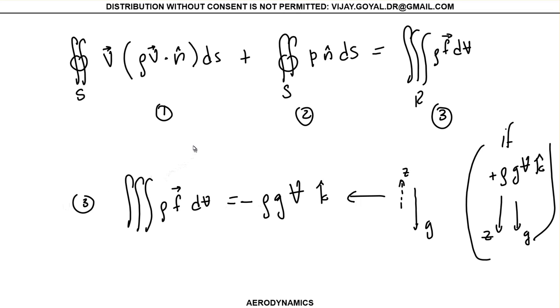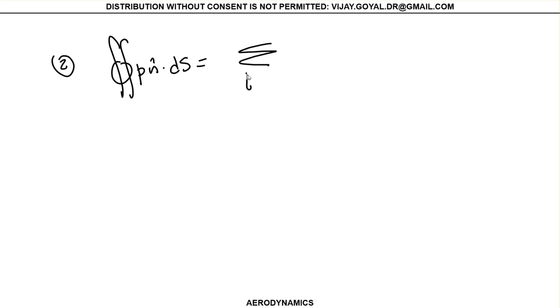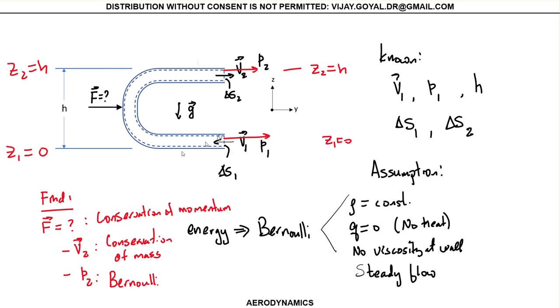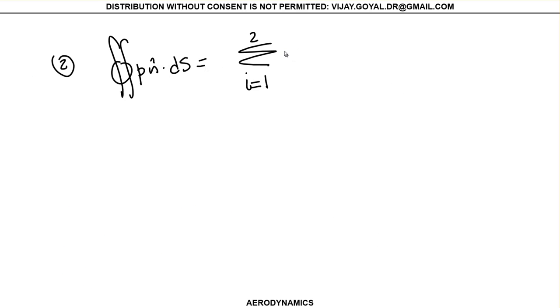Now, the next thing is item number 2, the double integral of p n ds. It's nothing else than a summation from i equal to 1 to 2, because I again have 2 openings. That would be p_i n_i delta S_i plus your force.